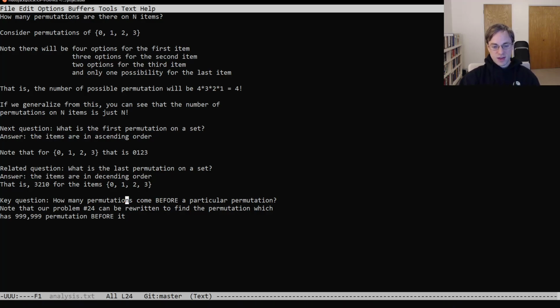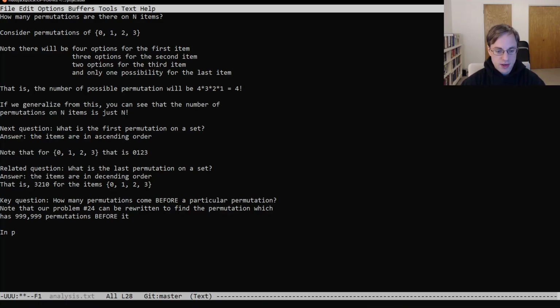This is really the key question to solving our problem: if we can find how many permutations come before a particular permutation, then we can find the permutation that has exactly 999,999 permutations that come before it.